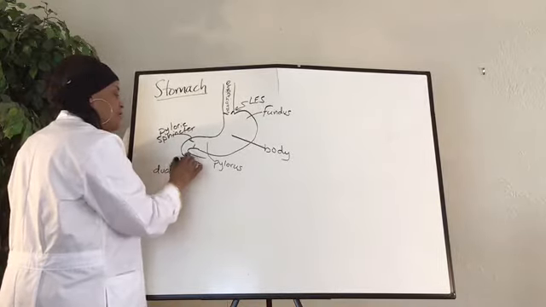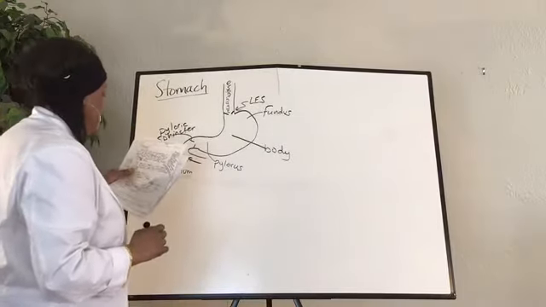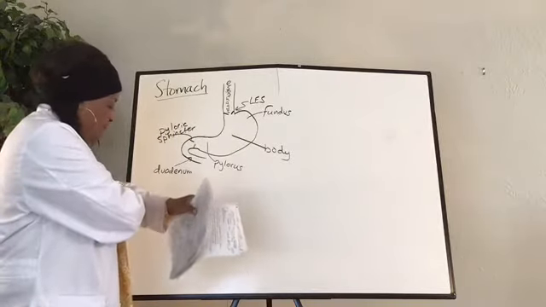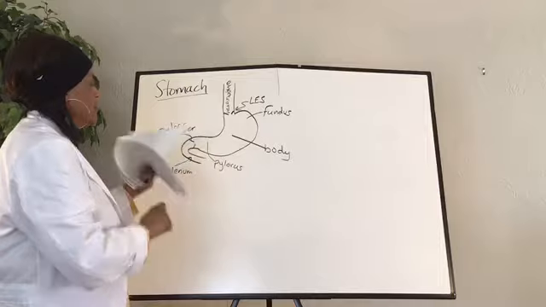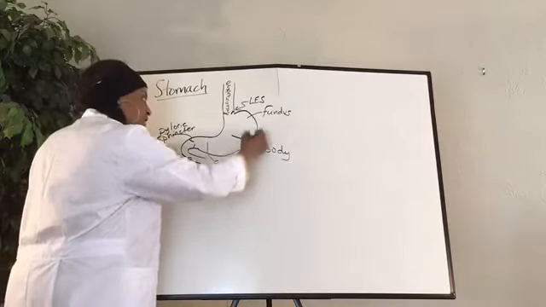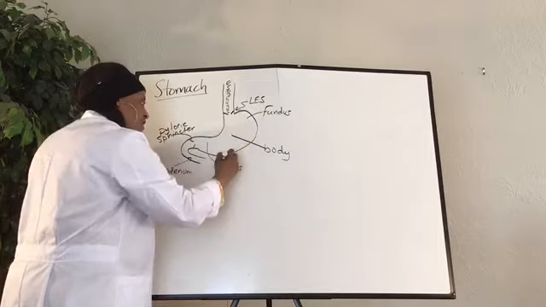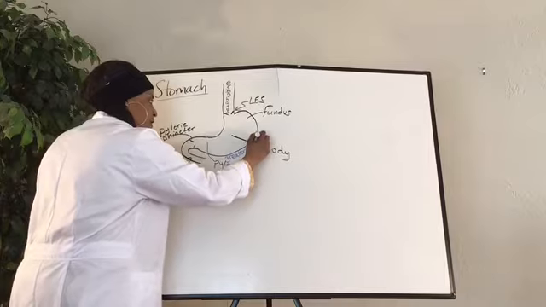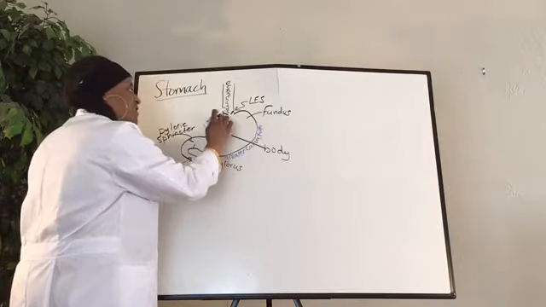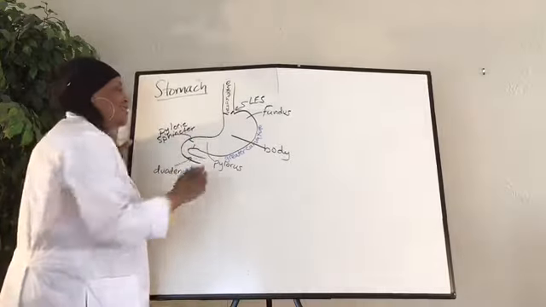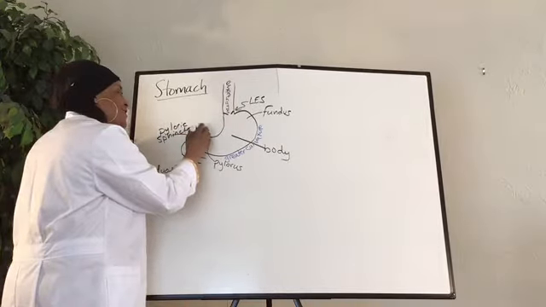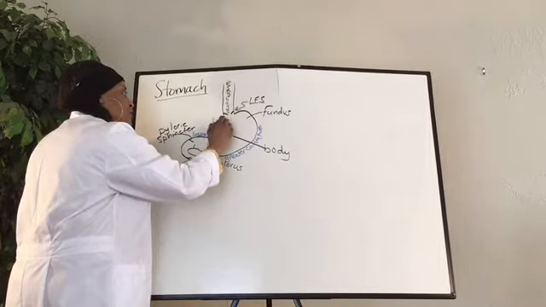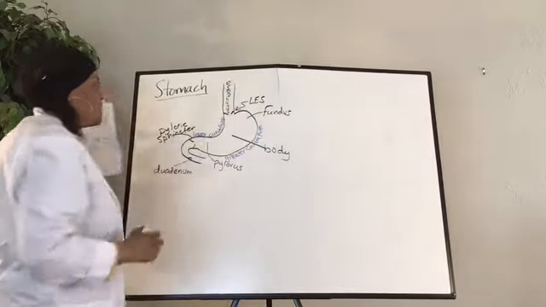And then let me put this in a different color. This curve here is a large curve, so that's called the greater curvature. And this is a smaller curve. It's not as great, so it's going to be called the lesser curvature. Okay?